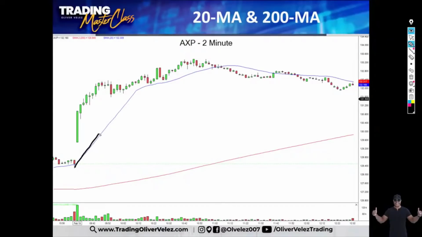If my 20 is above my 200, the 20 is rising and my stock is above both. So I've got the 200, I've got the 20, that's item number 2. And I've got the stock, item number 3.